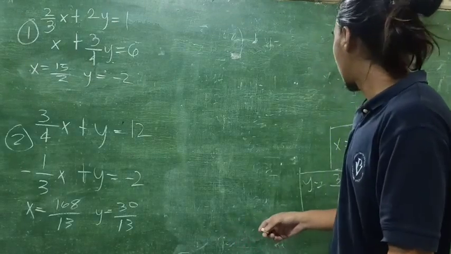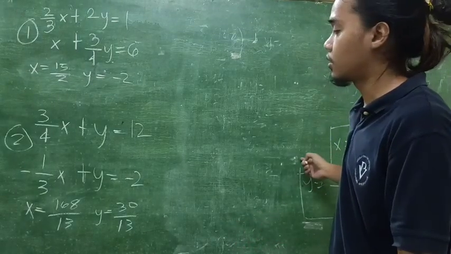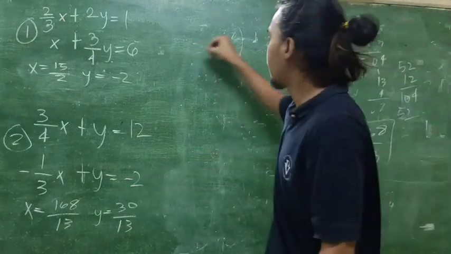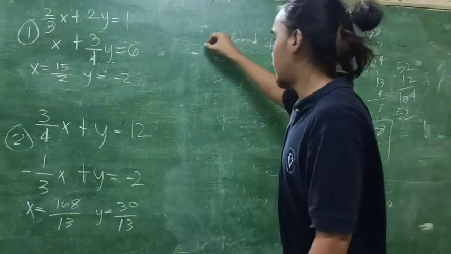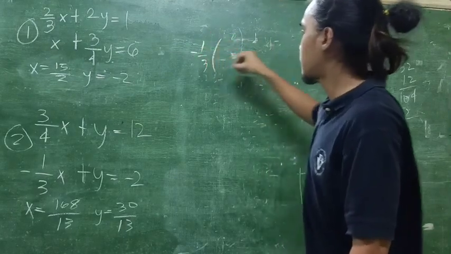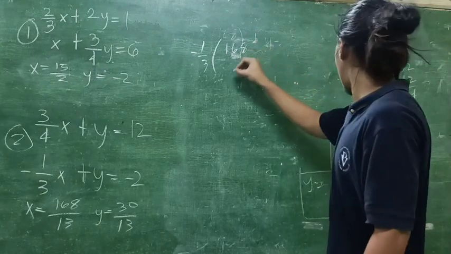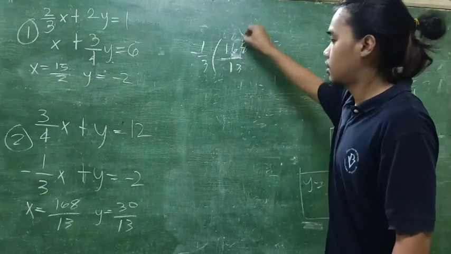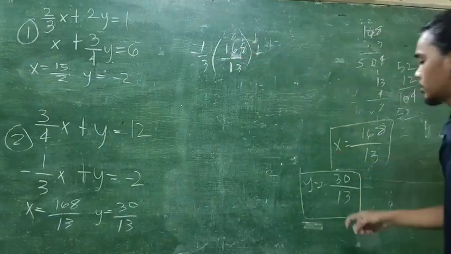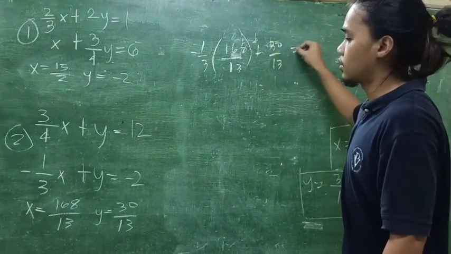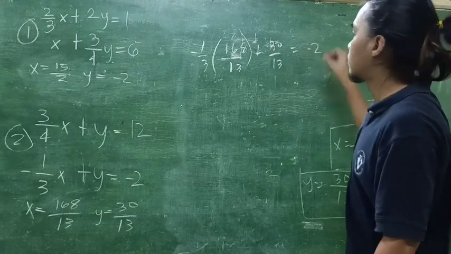Let's try it on this one. Negative 1/3 times our value of x, which is 168 over 13, plus the value of y, which is 30 over 13, is equal to negative 2.